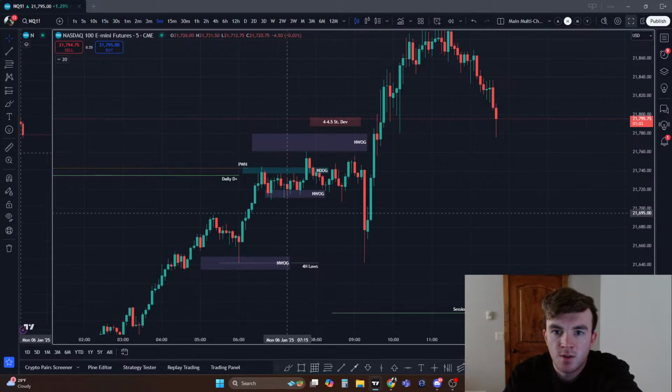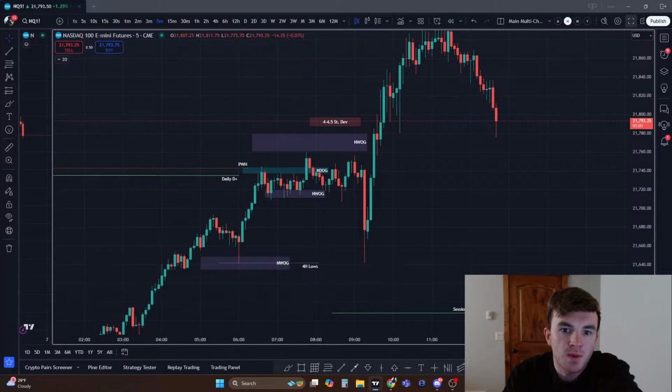Okay, so once we hit these major draws on liquidity, the market goes into quite the consolidation here.